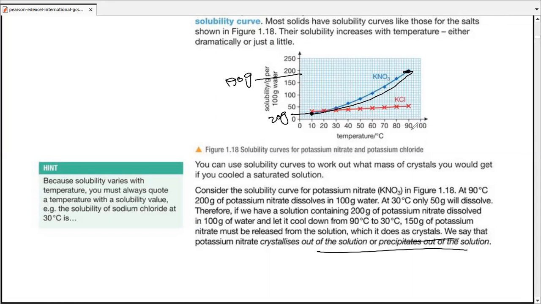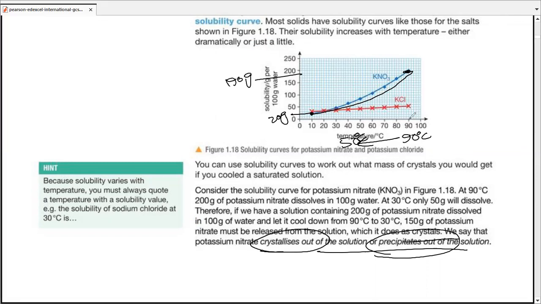We brought it back from 90 degrees centigrade to 50 degrees centigrade, right? Some of the salt would crystallize out of the solution. We also use the word precipitate out of the solution, and you can always measure it. That has been a part of past papers.